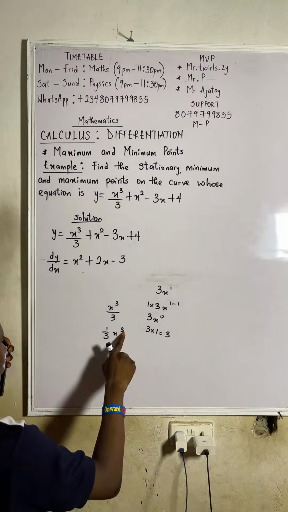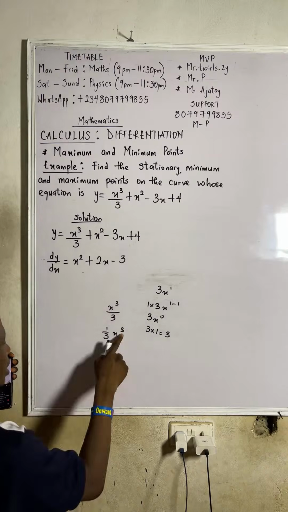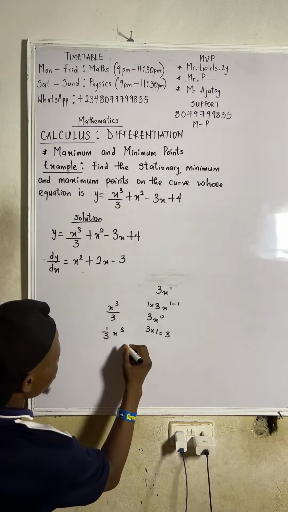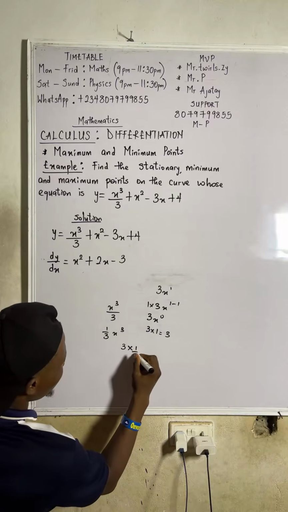So what do we do? What is the power on this x? The power on the x is what? 3, right? So that would be 3 times, what is the coefficient here? 1 over 3.